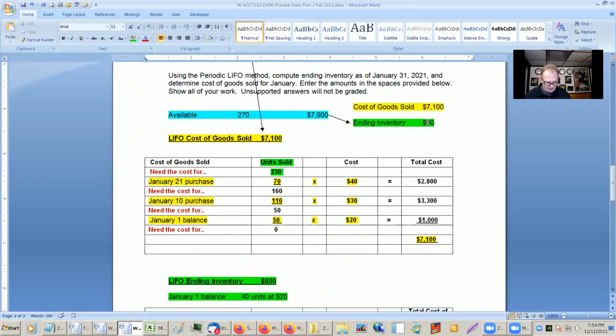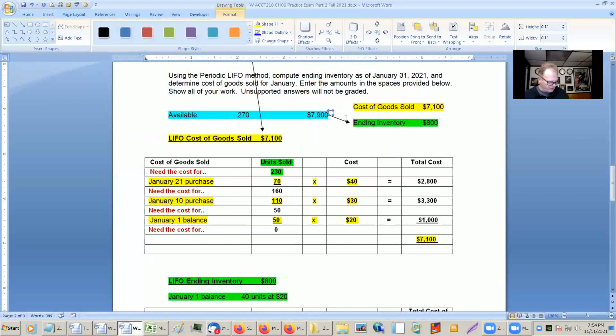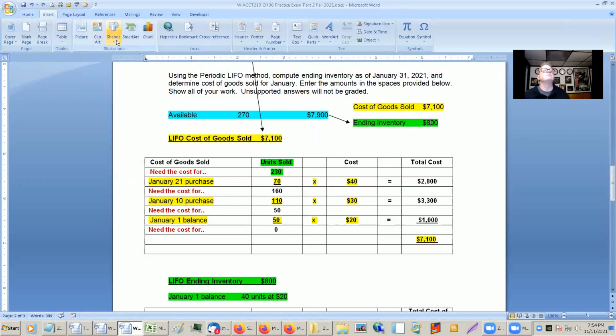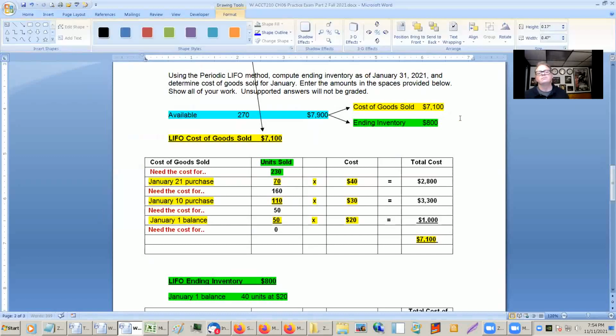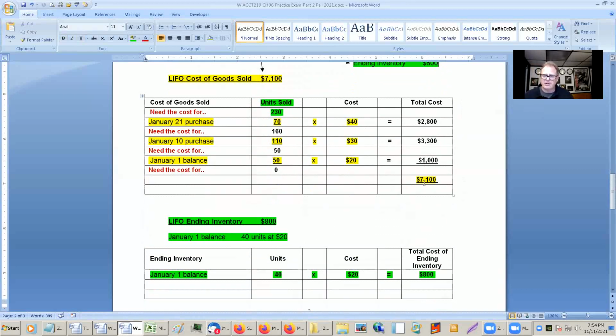So 7,900, if you sold 7,100, that means the other 800 was not sold. Same thing down here.